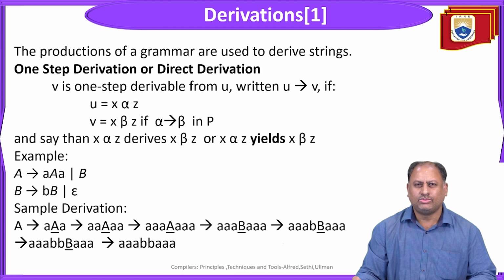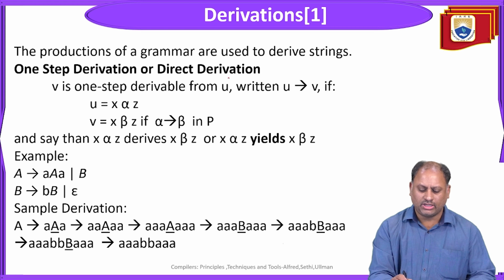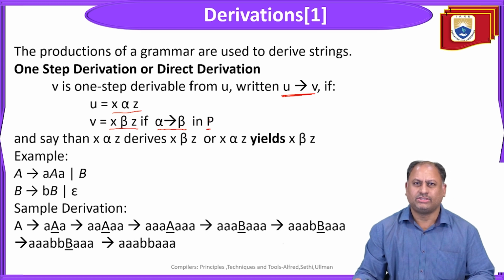That means to apply this one-step derivation or direct derivation, if v is derived from u, then we can write u, derivation arrow, v. Then u is equal to x alpha z and v equal to x beta z if alpha derives beta in P. Here P stands for the production.